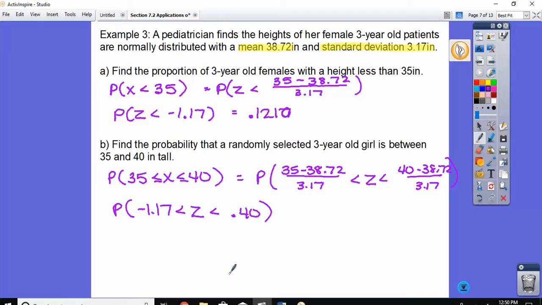So how do you find the probability that it's between two things? Subtract them. So the bigger one is going to be the 0.40. So let's read the probability of 0.40 is 0.6554 minus the probability of negative 1.17, which we know is 0.1210. So we get 0.5384.